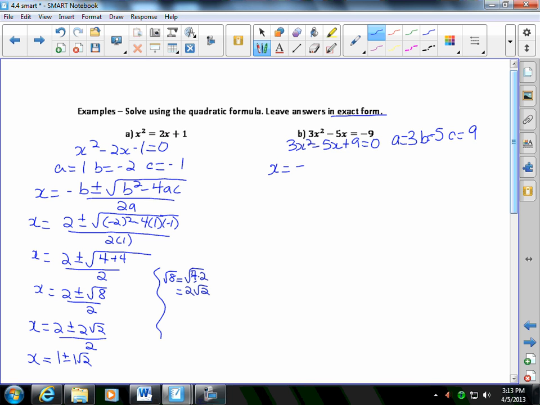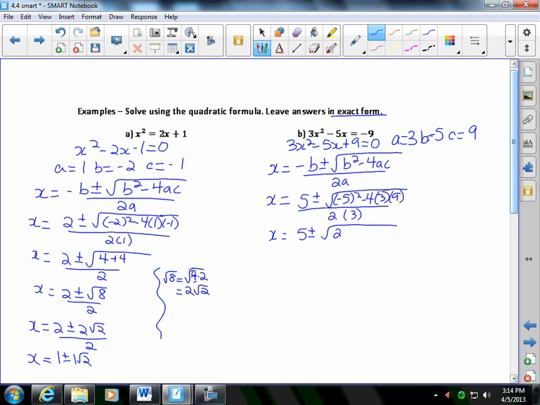Quadratic formula, x is equal to negative b plus or minus the square root of b squared minus 4ac, all over 2a. Substitute. Negative times a negative 5 will be a 5, plus or minus the square root of negative 5 squared minus 4 times 3 times 9, and that's all over 2 times 3.